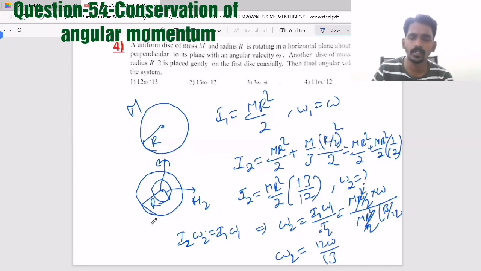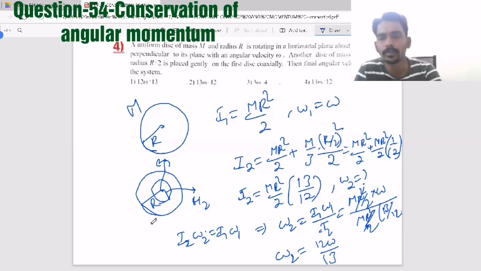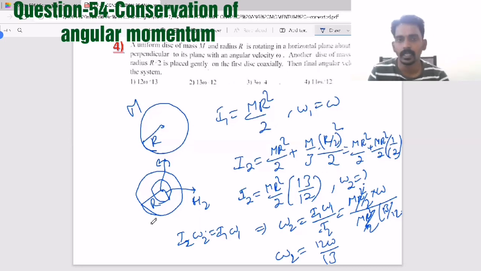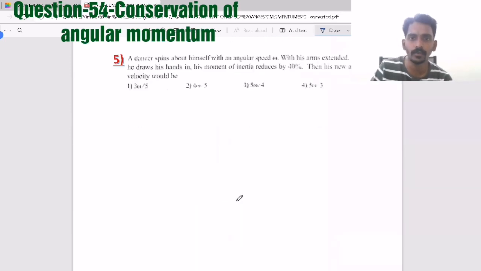So this way, in every question we are applying a similar kind of procedure. Only the object may be different, the question may be slightly different, but the procedure is the same, and the key role in every question is played by moment of inertia, if you observe properly. So that's why you have to first understand how to find moment of inertia.